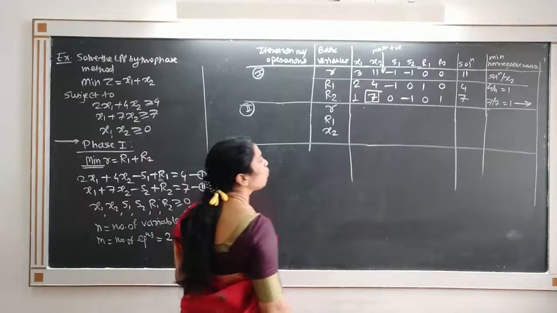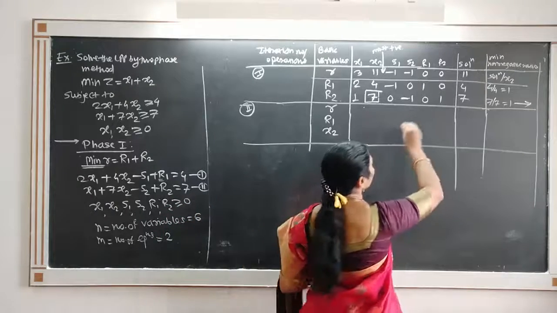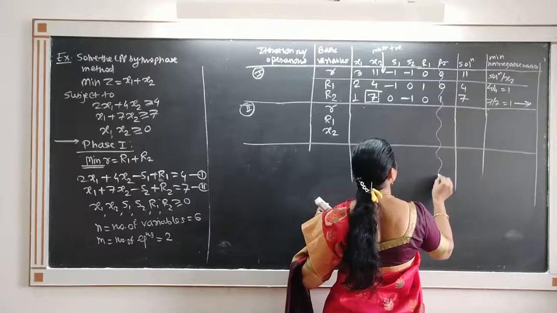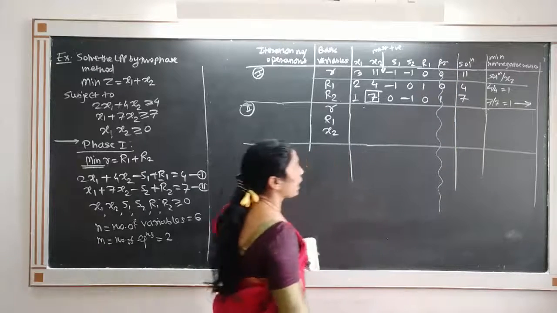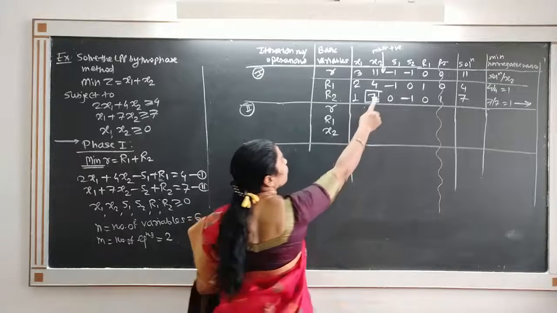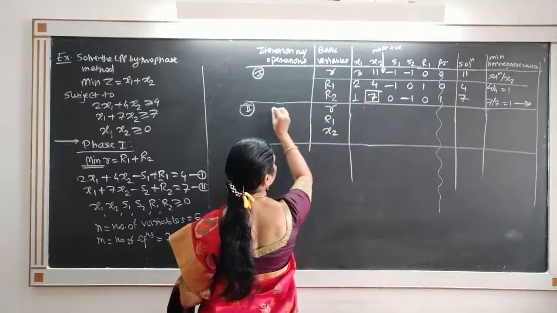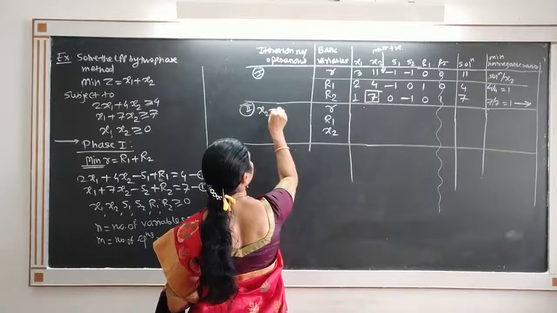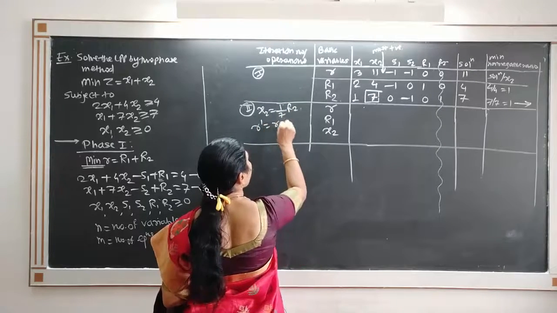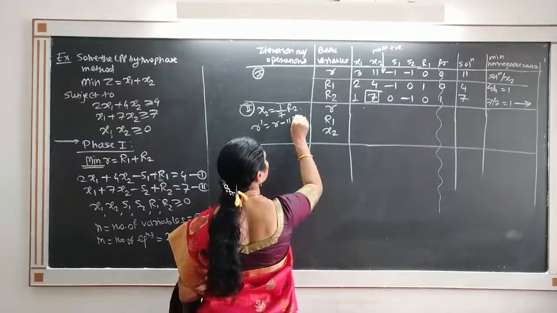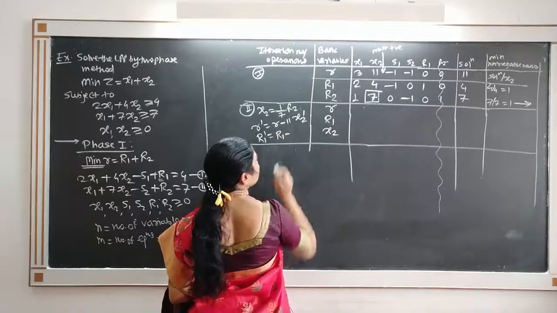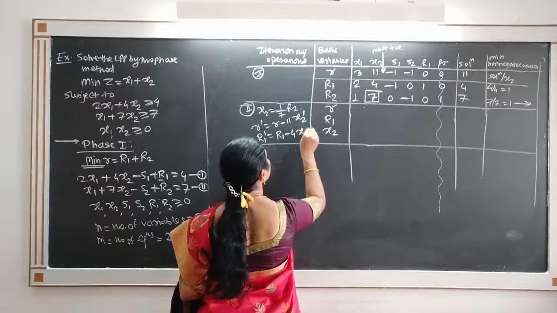Because R2 leaves the solution, we will delete its column from our table so that we minimize our calculations. The operations are: the x2 row becomes 1 by 7 times the R2 row, the R row becomes R minus 11 times x2 dash, and the R1 row becomes R1 minus 4 times x2 dash.